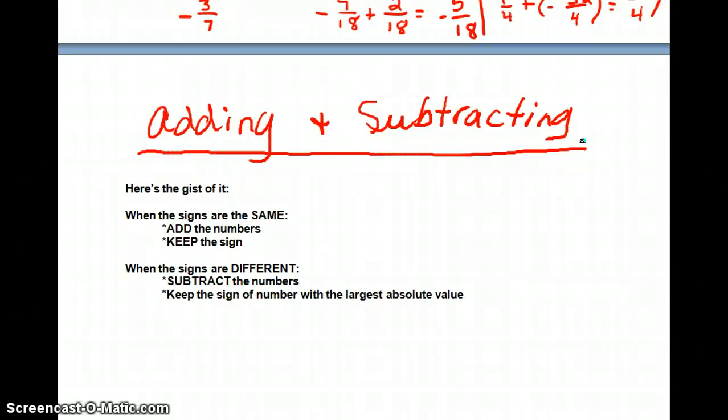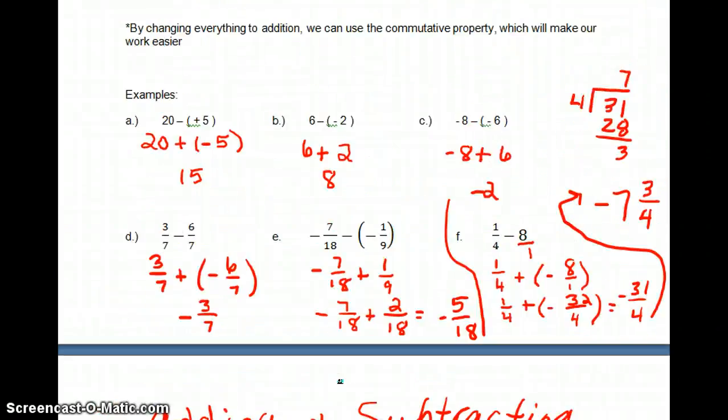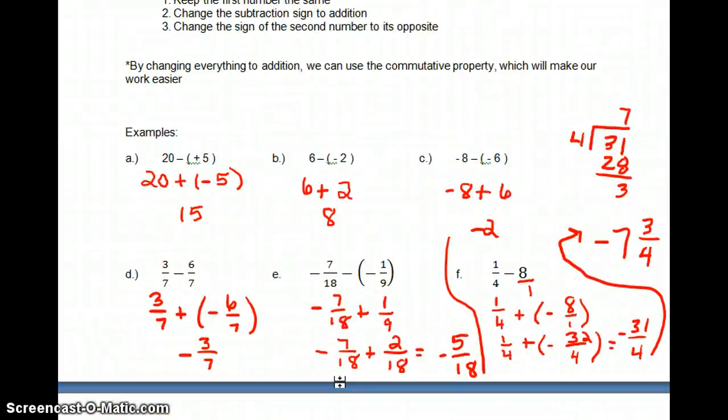It's all about your signs, whether it's positive or negative. So there's your first little rule. When your signs are different, no matter what, you're going to subtract those numbers and keep the sign of the number that has the larger absolute value. So just focus on that, okay?